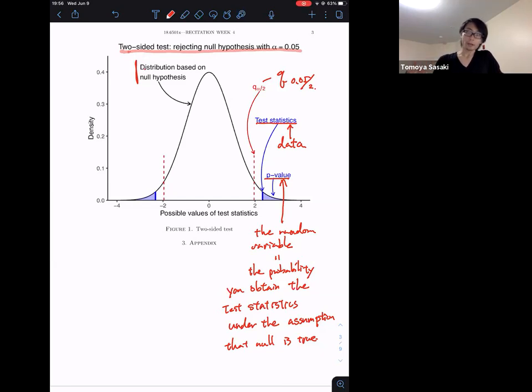That is a p-value. And that's why the p-value depends on data and is a random variable, but it's a probability as well. This is really the concept that I want to emphasize here.